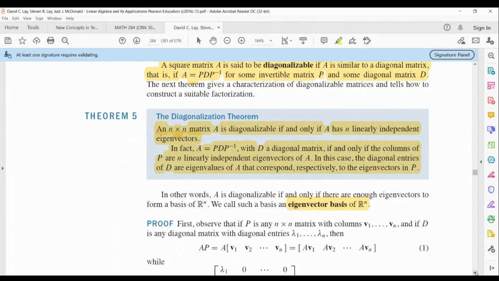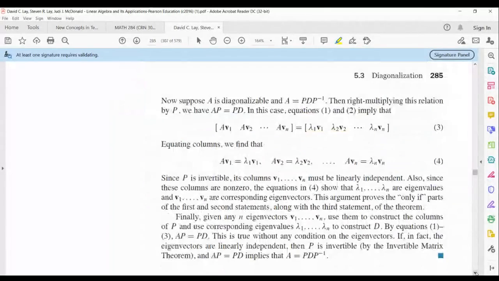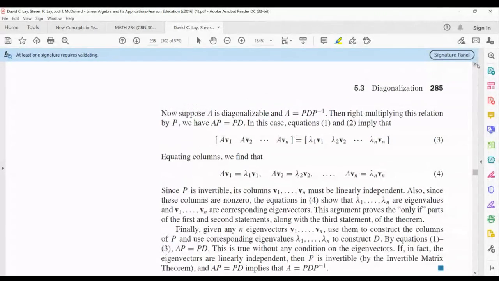So let's look at the proof of this. It's not hard to prove, actually.